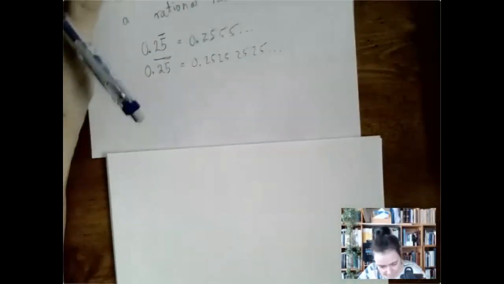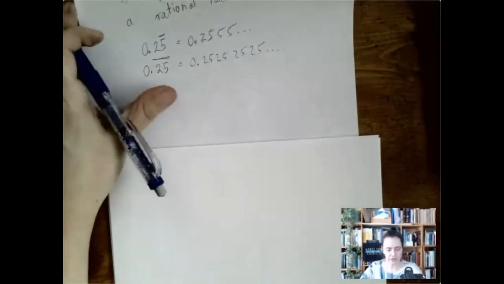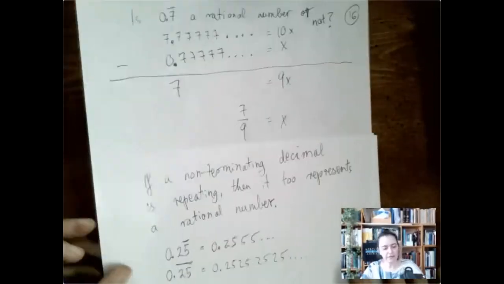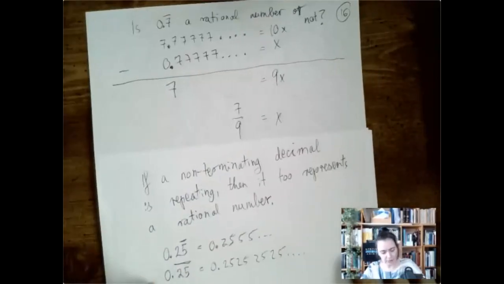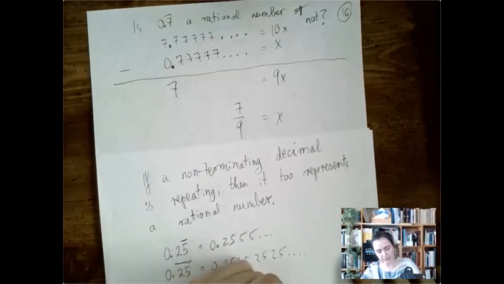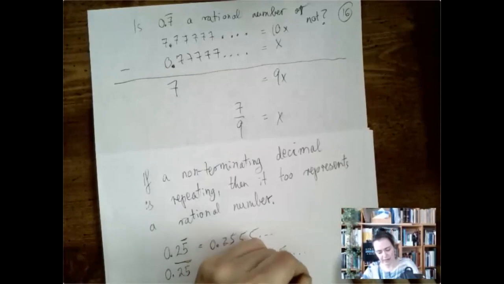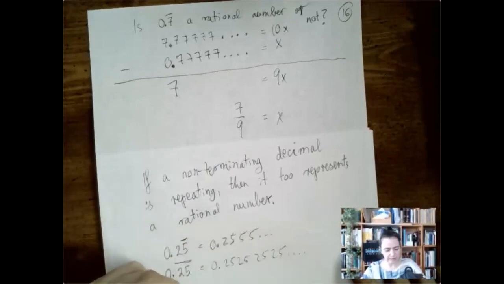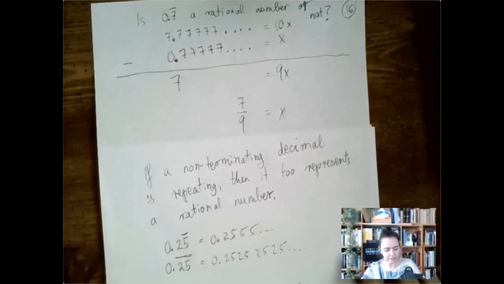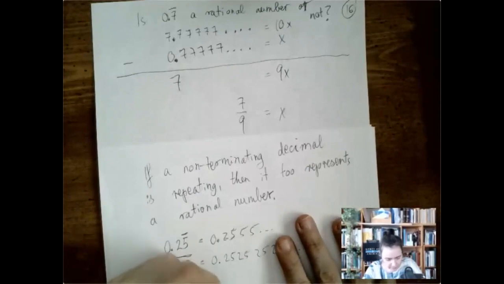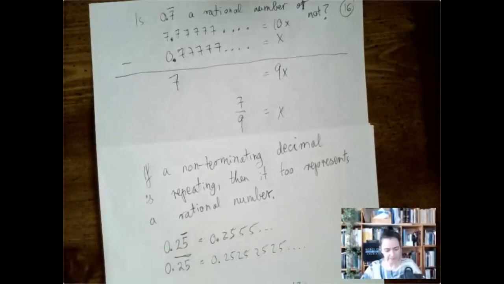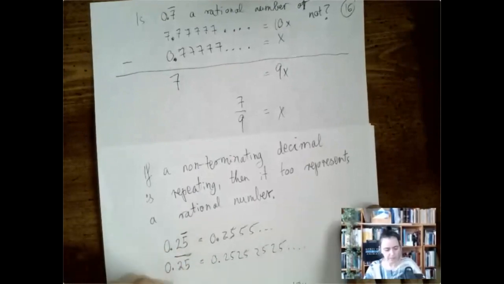So infinity is kind of touchy. If we write 0.252525... equals x, and we multiply it by 10, then what we're going to get is 2.52525... That is actually not allowed.